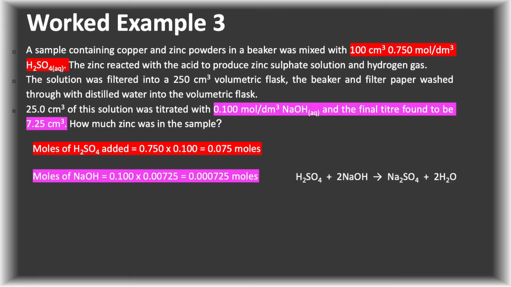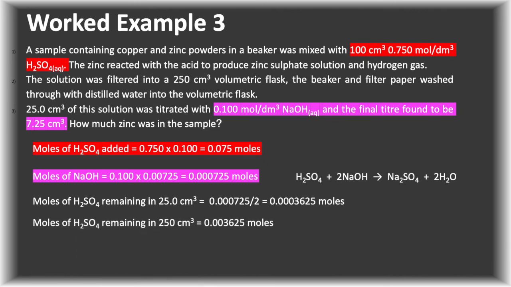And look at the equation for that titration, and we can work out our moles of sulfuric acid is going to be the moles of sodium hydroxide divided by 2. Remember, that was in 25 centimeters cubed in the conical flask that we extracted, but originally that was in 250 centimeters cubed, so we times by 10 to give us 0.003625 moles of sulfuric acid that remained.